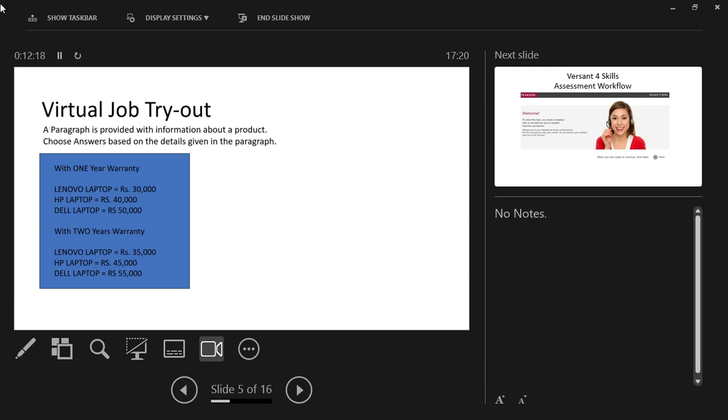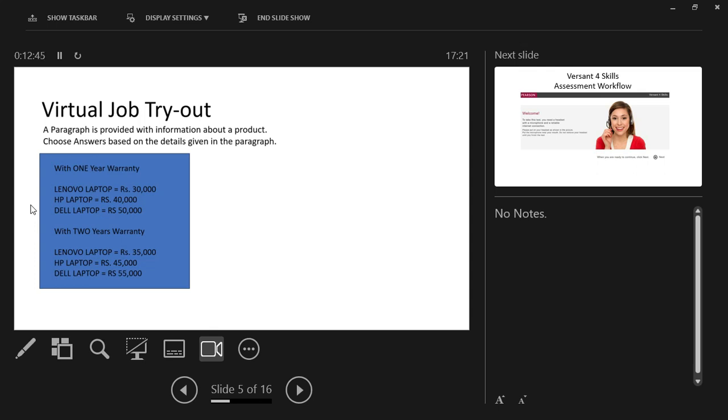For example, there is some information here about laptops. With 1 year warranty, a Lenovo laptop is costing 30,000 rupees. The HP laptop is costing 40,000 rupees, and Dell laptop would cost 50,000 rupees. With 2 years warranty, Lenovo laptop is 35,000, HP is 45, and Dell laptop is 55,000.